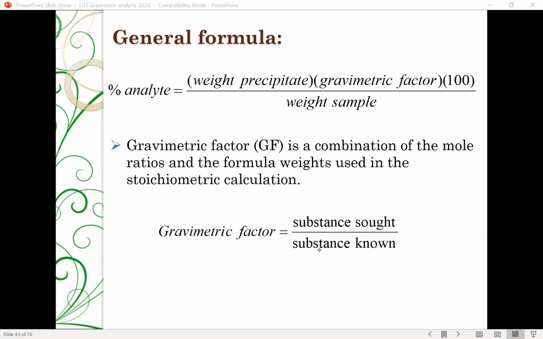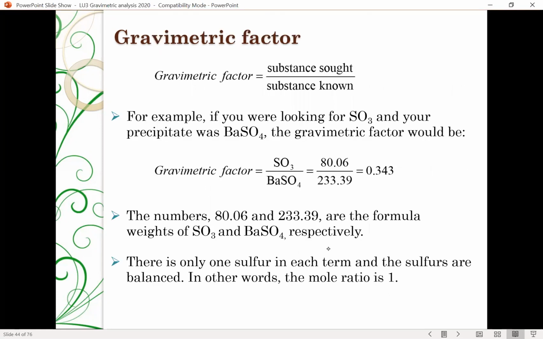From here, we can get the mass from the molar ratio and the formula weights. Let's look at an example of how you calculate using the gravimetric factor. For example, if you were looking for SO3 and your precipitate was BaSO4, the gravimetric factor would be the substance sought divided by the substance known.